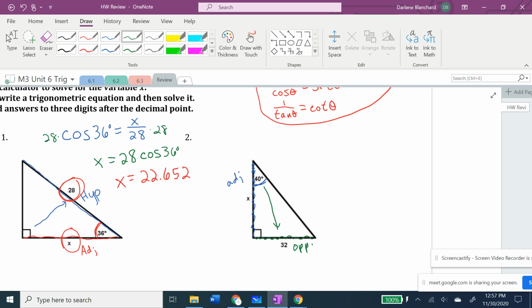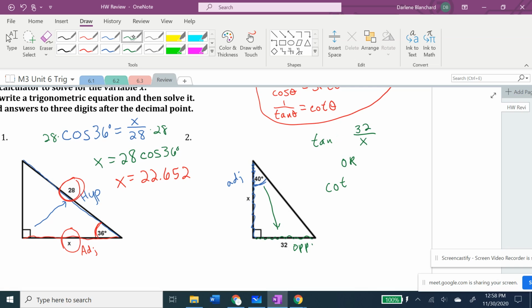Tangent. Cotangent is easier to use though, because if you use tangent, you have to do opposite, which is the known number, over adjacent, which is the variable. People sometimes get confused when the variable's in the denominator and make mistakes. But if you use cotangent instead, oh, sorry, I just realized that we have the theta.